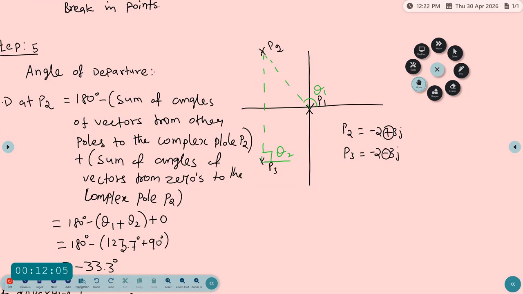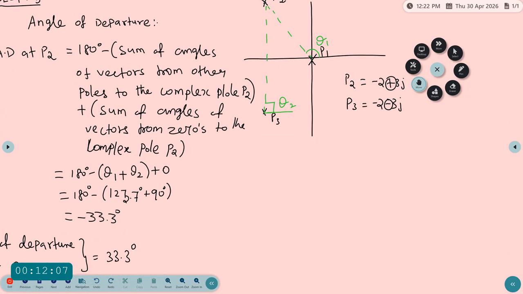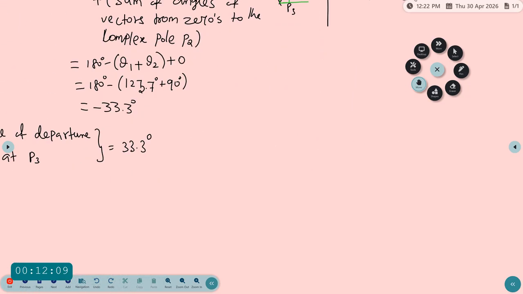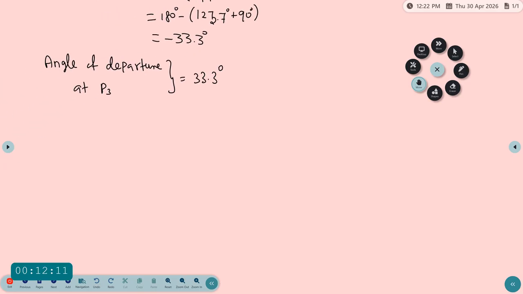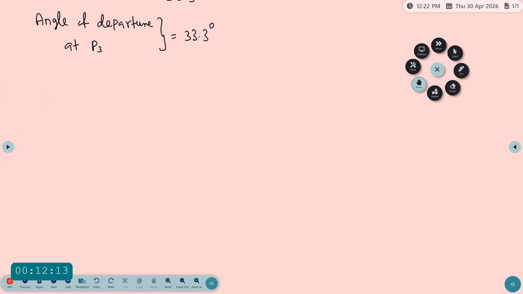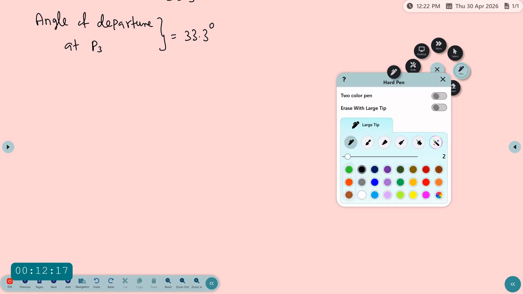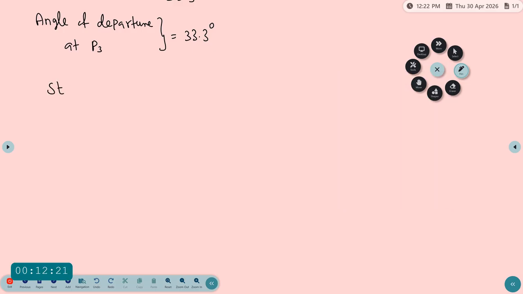Already in step number 4, we found the characteristic equation of the given system, so from that we can proceed. Step 6 is to find the crossing point on the imaginary axis.